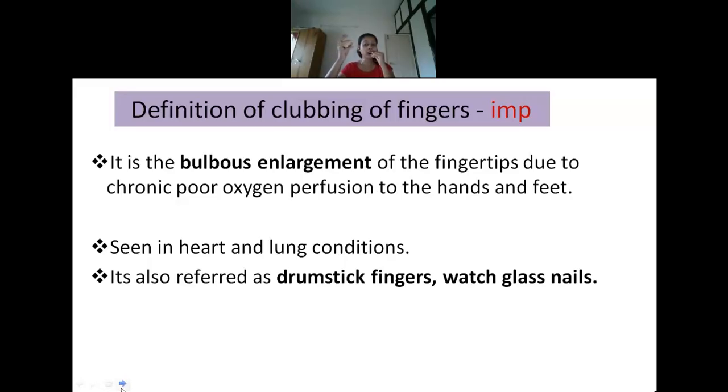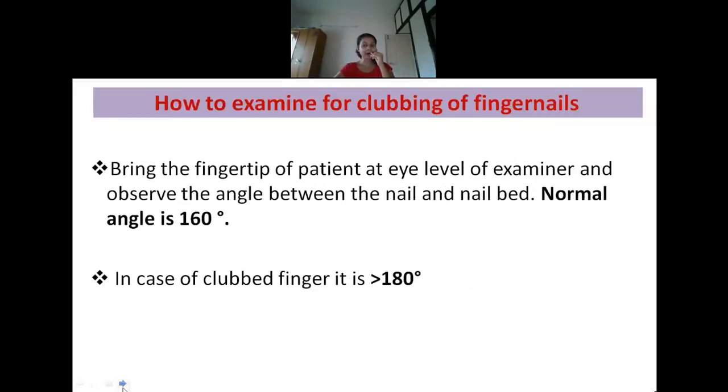And even patients with cirrhosis of liver, because of poor oxygenation, tend to have clubbing of fingers. Clubbing of fingers is also referred to by other names, like drumstick fingers or watch glass nails.